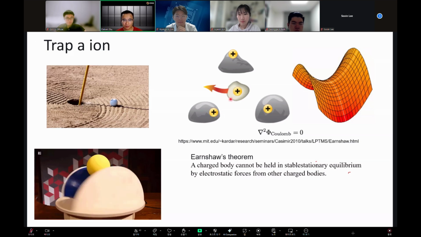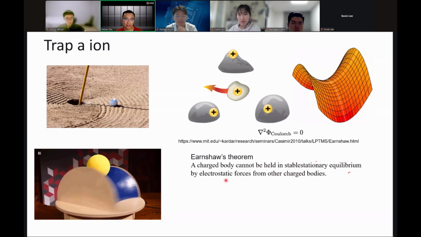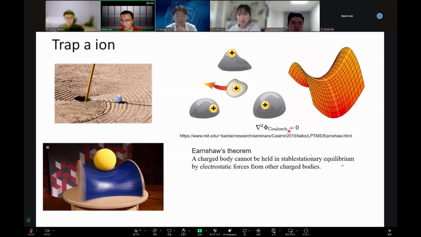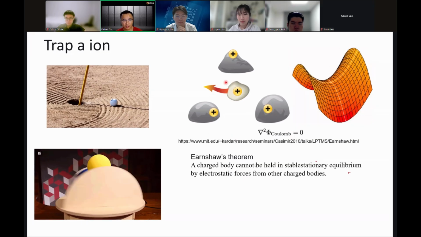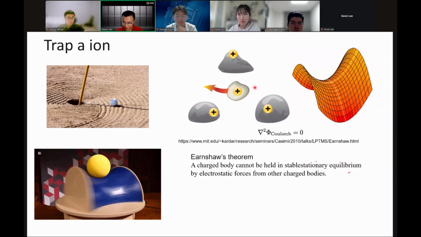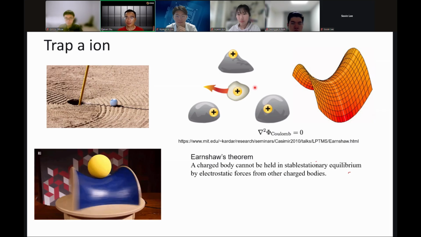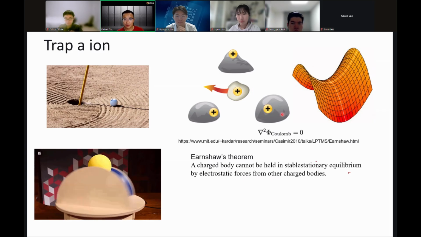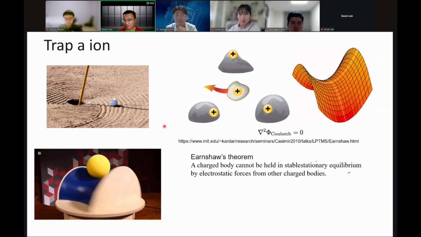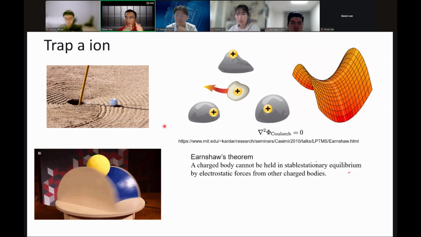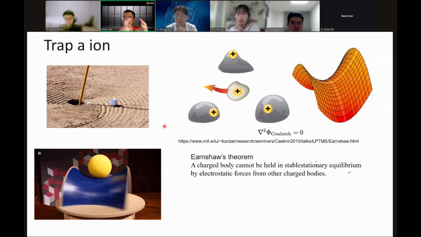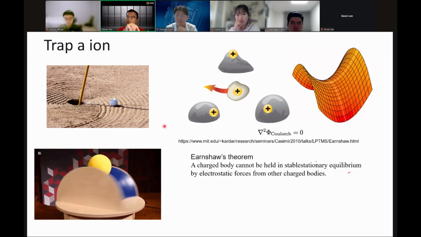If you look into Maxwell's equations, there is this thing called Earnshaw's theorem, a two-step derivation from Maxwell's equations that says if you want to use a static, stationary electric field to trap a charged particle, it's impossible, because any electric field that goes into a space has to come out of the space, right? It cannot all point into a single point in that empty space so that you can trap the ion at that point.